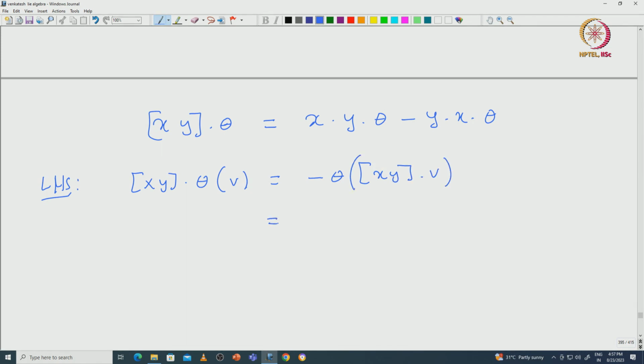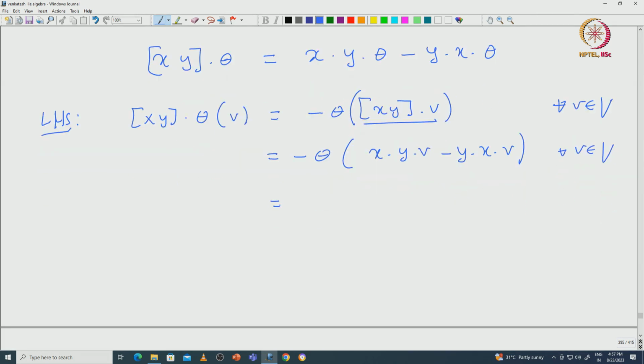But because this bracket x y acting on v is a representation, you get minus theta of x dot y dot v minus y dot x dot v, and this is true for all v in V. So that means this is exactly equal to minus theta of x dot y dot v plus theta of y dot x dot v. This is what we have on the left hand side.